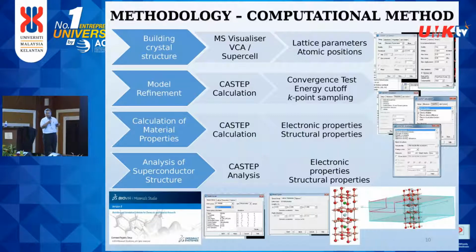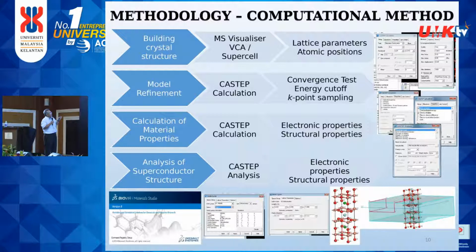In the middle is yttrium, the blue color, sandwiched with the CuO2 plane, and then the green one is barium, so barium 2, and above and at the bottom are the CuO2 plane and the CuO chain.